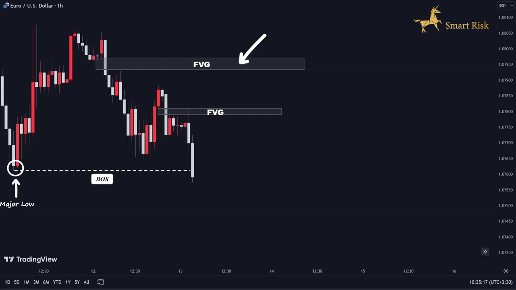Therefore, what we should do here is to wait for the price to retrace back up to fill the gaps it has left behind before continuing its bearish momentum. Let's see what happens next. As you can see, the price pushed back up again, and after filling the fair value gaps, reversed its direction and resumed its bearish momentum.